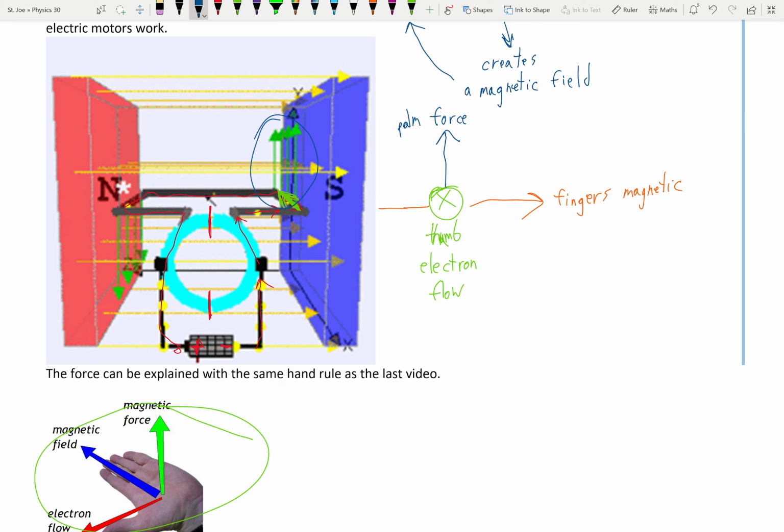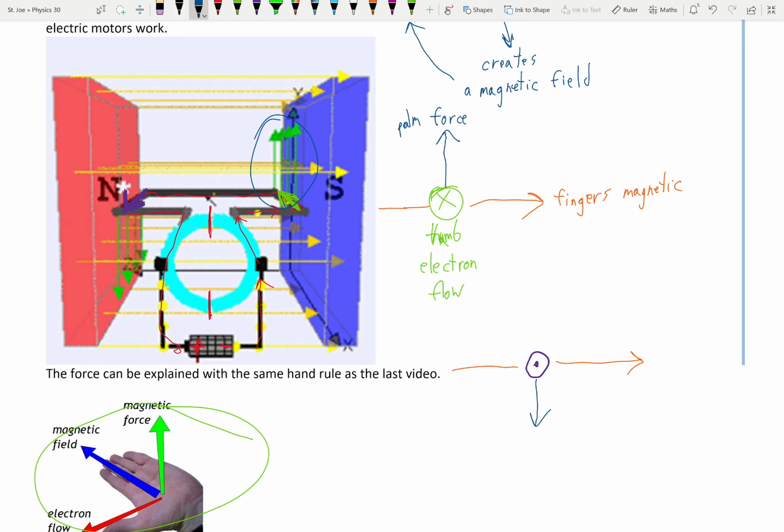Then if you follow the wire around, continuing the electron flow around over here, which I have in purple, not super clear where I'm drawing, but hopefully you can see it's on the opposite side. We have the same sort of thing, except that the flow is now coming out of the page. Everything else, the magnetic field lines, stays the same, but now the current is coming out of the page, which means if you point your thumb up, then your palm is down.